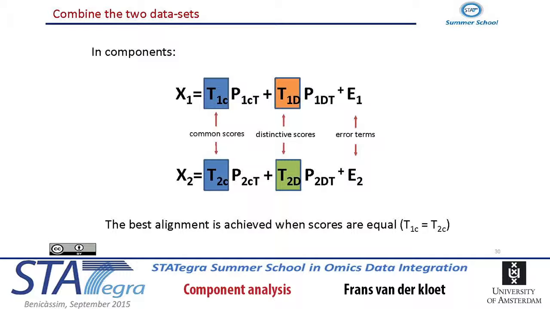What I'm trying to do is make these T1C and T2C, so my common parts, have the same scores in this case. So my loadings are different, I know, because the one has much more variables than the other one. So that's not possible, so I will make my scores the same.